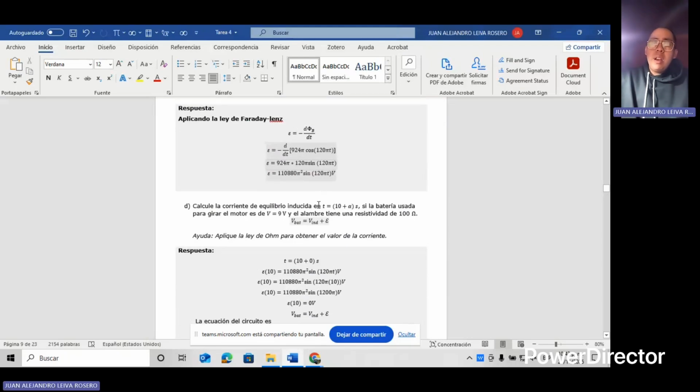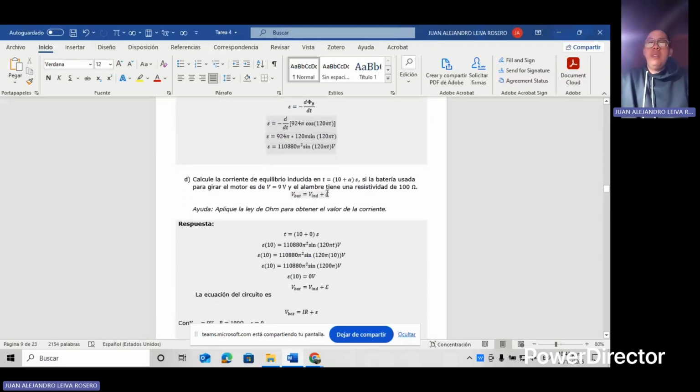The negative sign reflects Lenz's law, which ensures that the induced EMF opposes the change in the flux producing it, in accordance with conservation of energy. Finally, we calculate the induced current at 10 seconds.